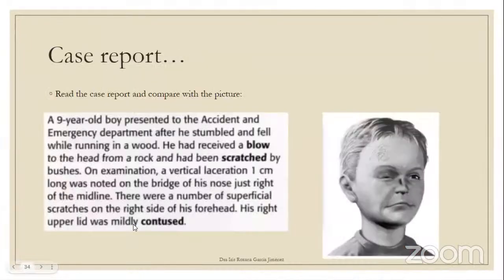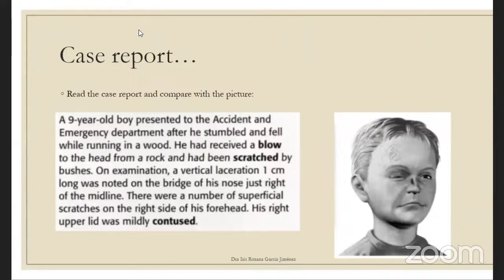Then, well, this is a case report. There is an example of how we can express these ideas. And we say, a 9-year-old boy presented to the accident and emergency department after he stumbled and fell while running in a wood. He has received a blow to the head from a rock and has been scratched by bushes.